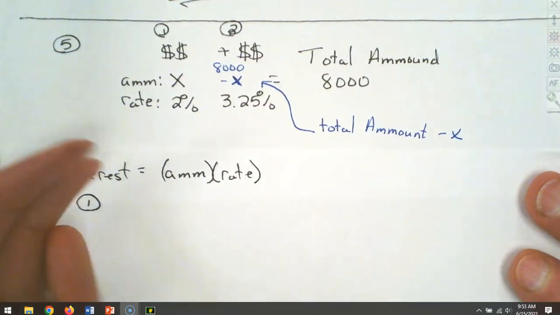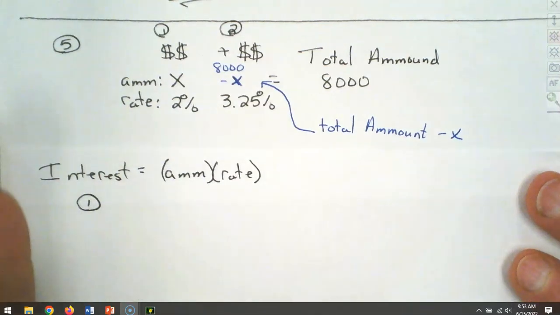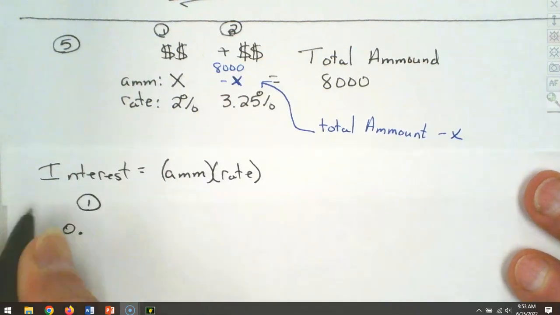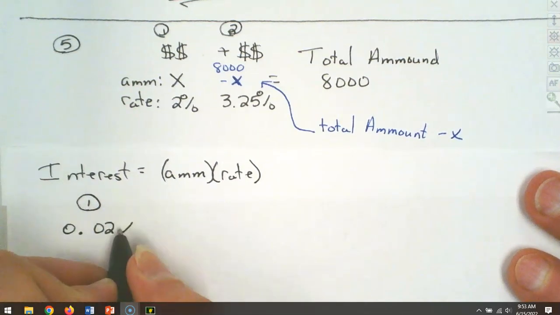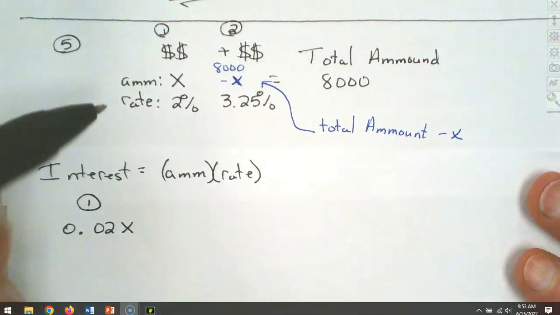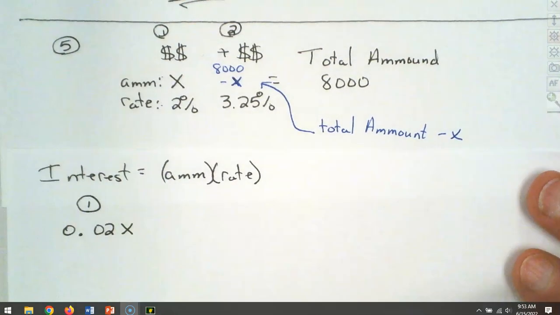And make sure you add the correct number of zeros when you work with these decimals. So the first one, unknown amount, 2%, and 2% as a decimal is 0.02. And then we've got the X to go along with it, right? Because that's those two put together.